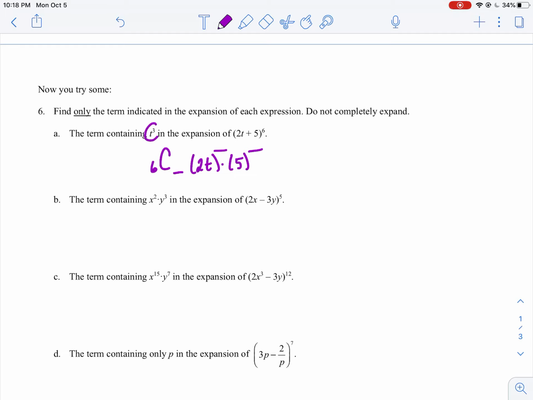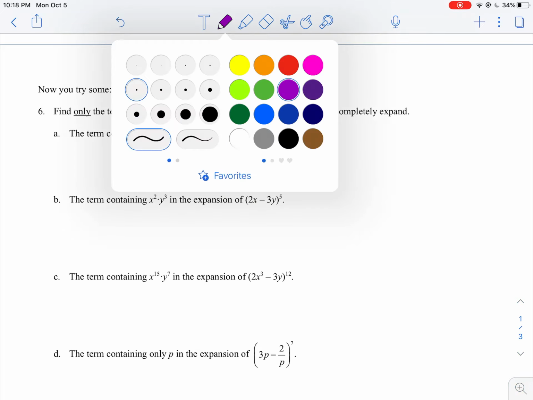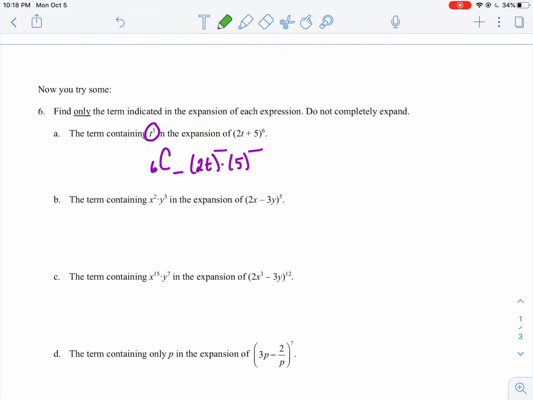And so the key is that we want the term that's t cubed. So when I look here, here's the only t in this problem. So the only way t could get cubed is if this was a 3. So we'll go in there and fill that in with a 3. Well, if that's a 3, we know that the two powers have to add up to 6, right?